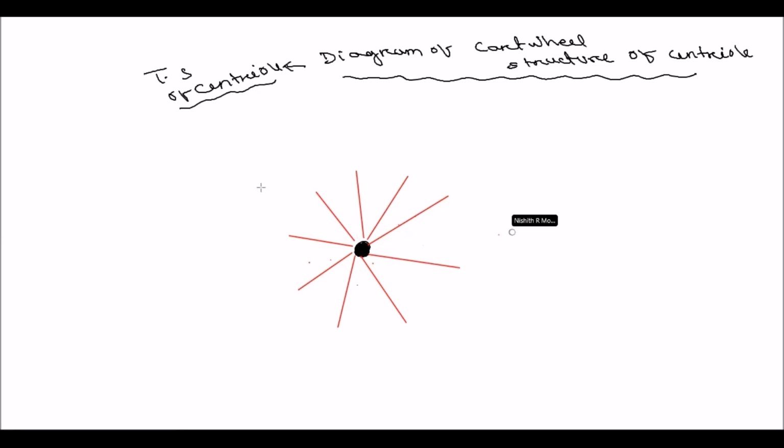Okay, so there is presence of 9 spokes, and these are joined with each other.